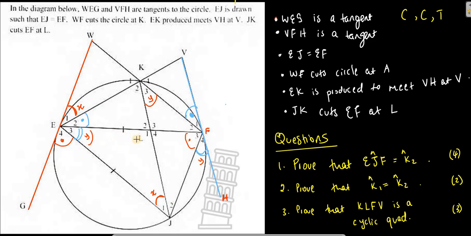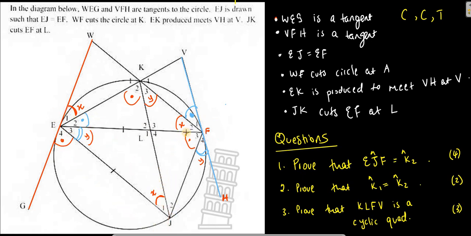And then we have many of them, guys. We have X here, right? That means here it's also X. And then we have this one F3, which will also be equal to this one, which means all of these things are linked together. And we know that EF, as we're given, is equal to EJ, which means this one and this one are equal.